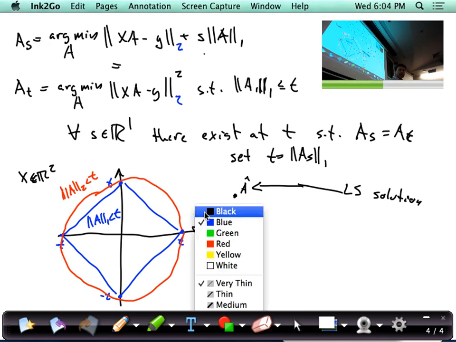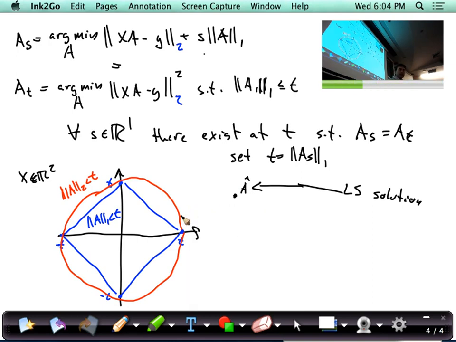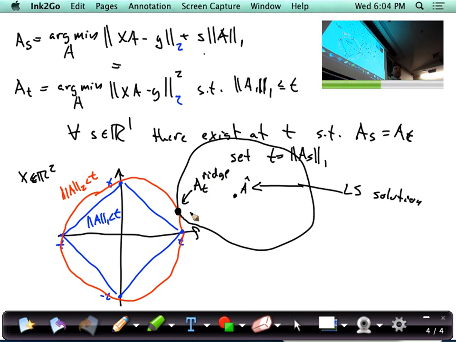And let's see if I can draw these well. This ball represents, right here, the solution for ridge regression. So this is A t for ridge regression right here.